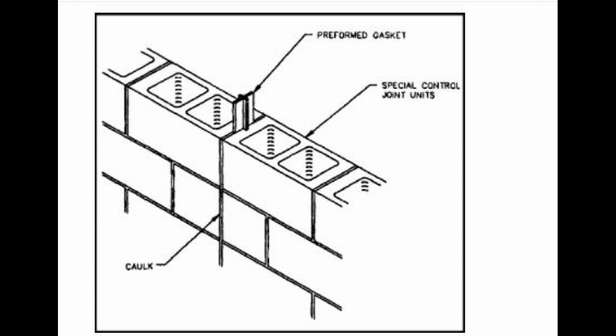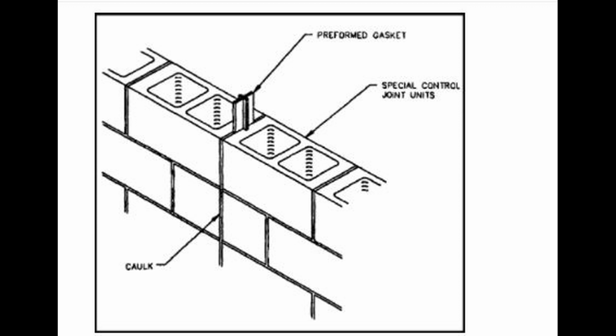Control joints are used as a means to relieve horizontal tensile stresses by reducing restraint and permitting longitudinal movement to occur. They are essentially a vertical separation built into the wall where stress concentration may occur.